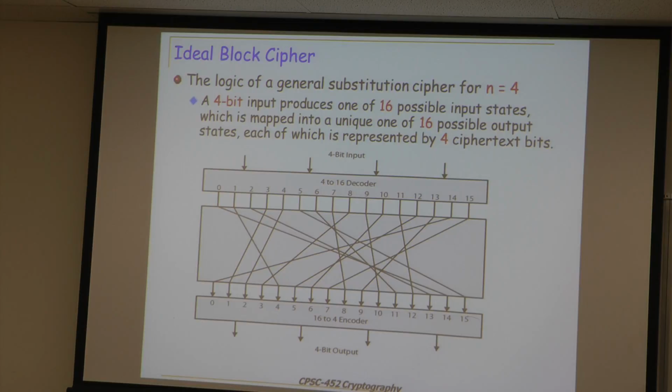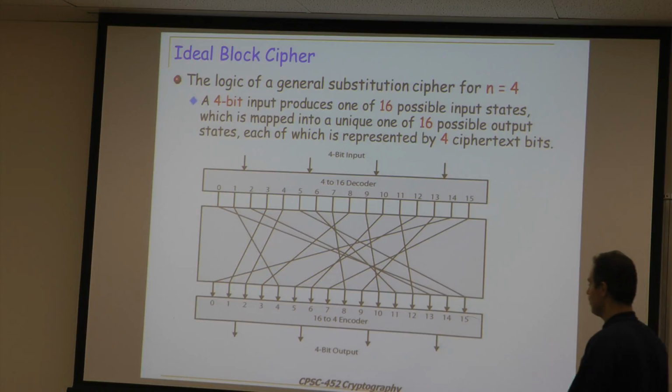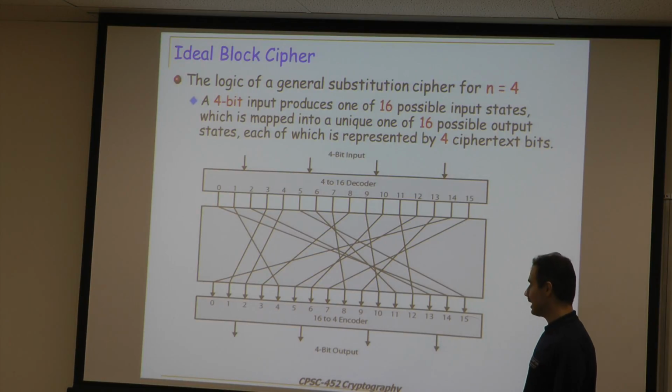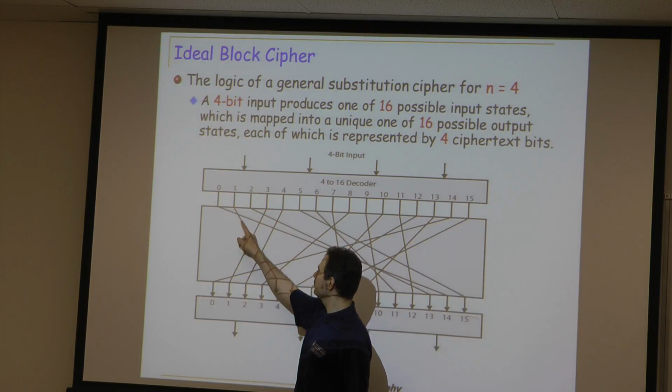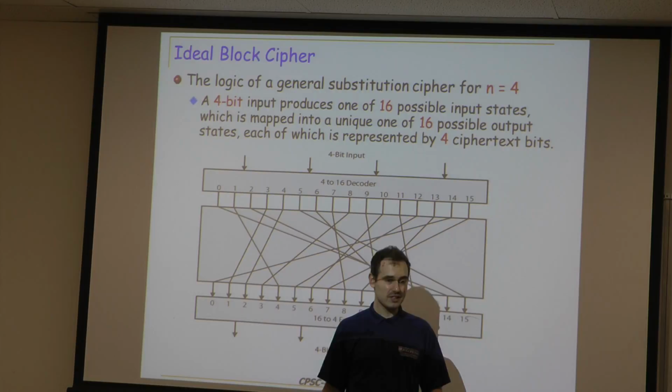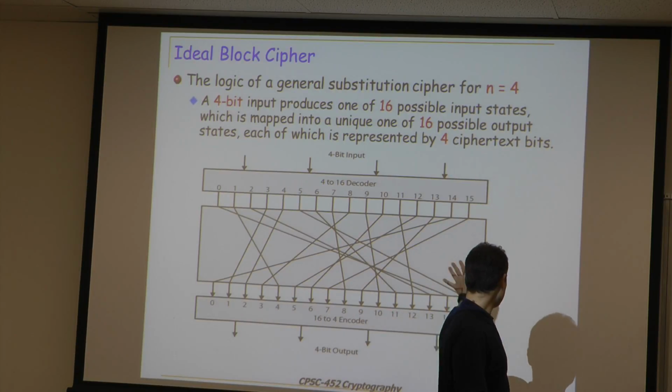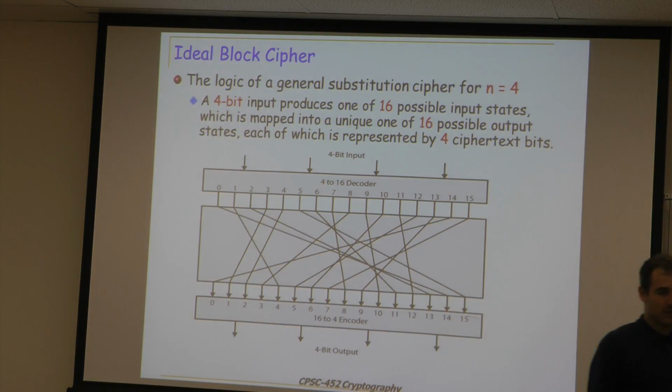So, in case I send you block number 14, you know that the plaintext block is 0. Make sense? So, I would need to tell you all of those mappings. Now, how big will our key be?